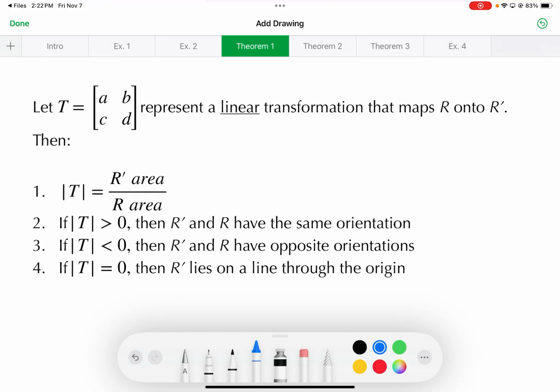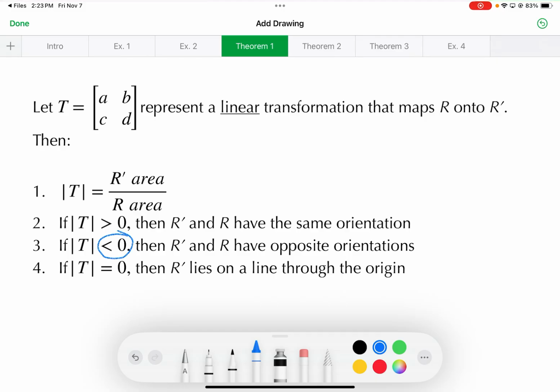Okay, now some added parts to this theorem. If the value of the determinant of T is greater than 0, then the image and the pre-image are going to have the same orientation. That was not what happened in our last example. In our last example, the determinant was negative. It was negative 2, right?